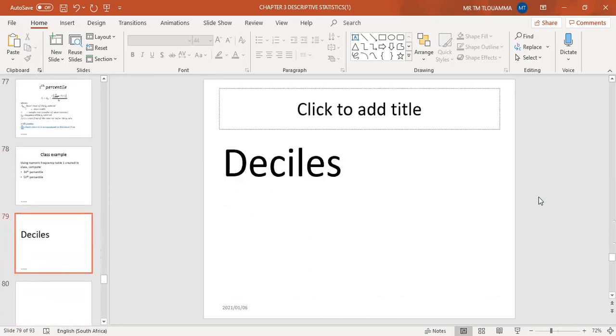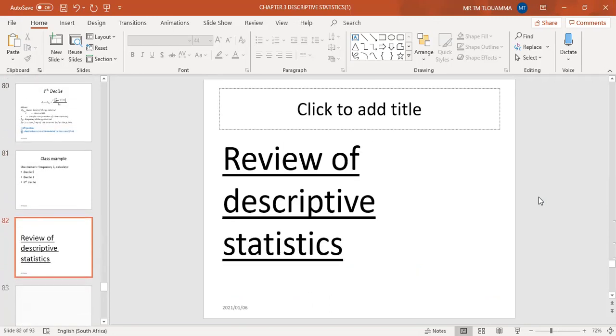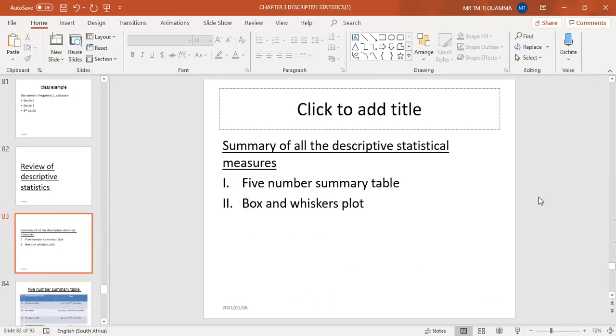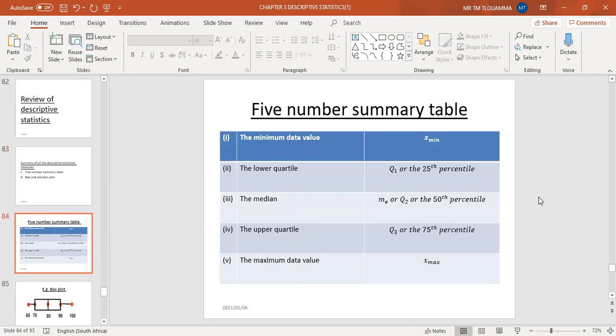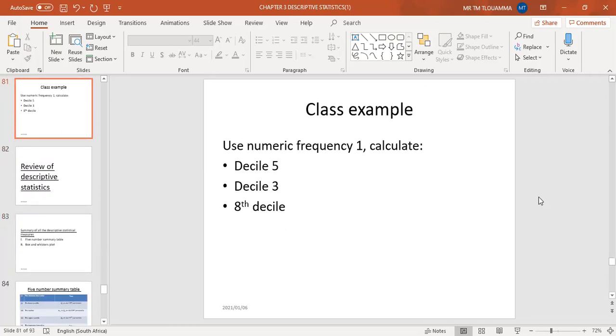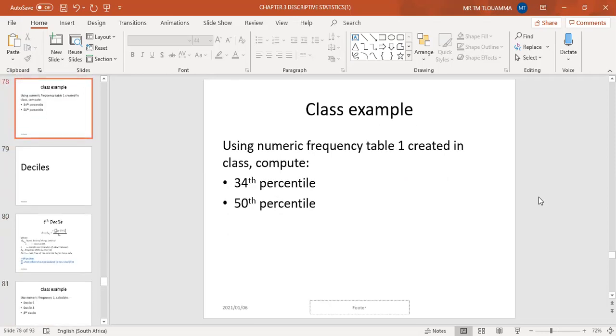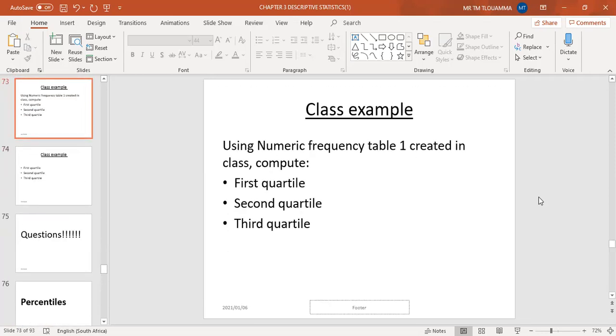And the box and whisker is what we have been calculating actually, because you need the five number summary: the minimum value, the maximum value, the upper quartile, lower quartile, and the median. That's what you need. So the box and whisker is straightforward because if you have learned how to calculate everything, it won't give you much of a problem.